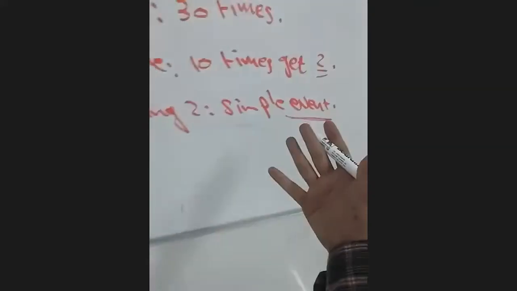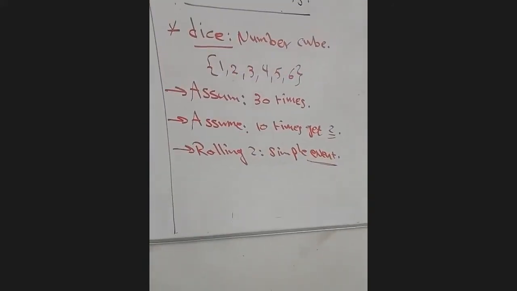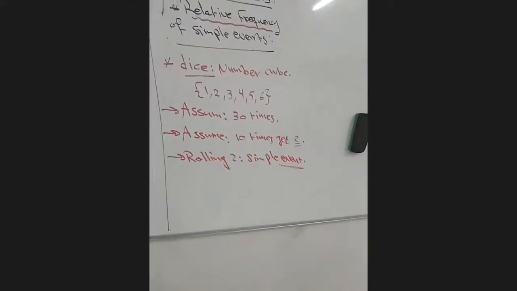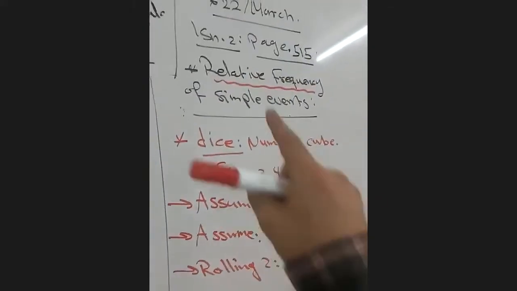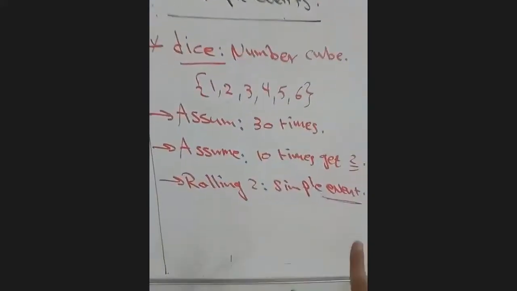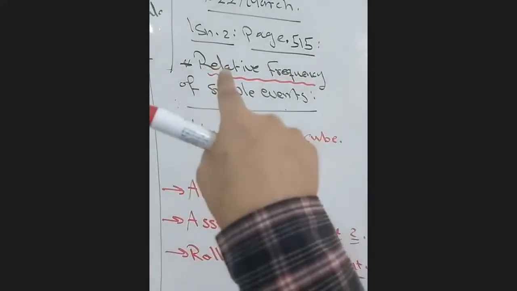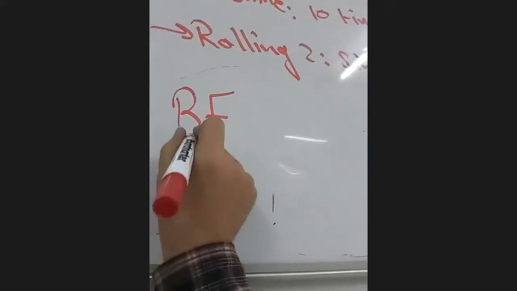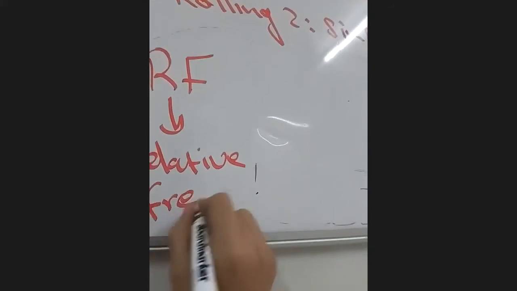An event is something that will happen or will not happen in the future. I don't know, it's in God's hand, right? Now, if I roll 2 ten times out of 30 times, then the relative frequency, which I'll call RF, is the relative frequency of the event.